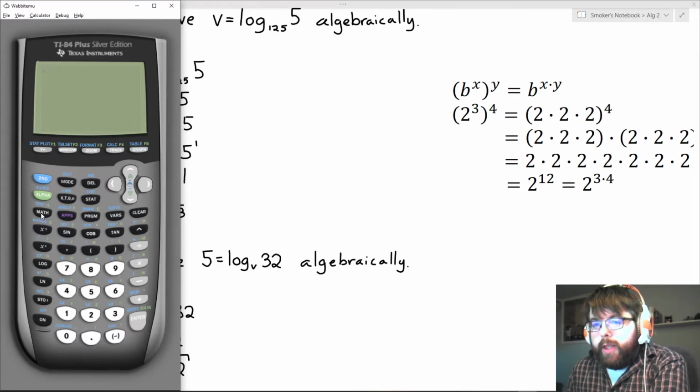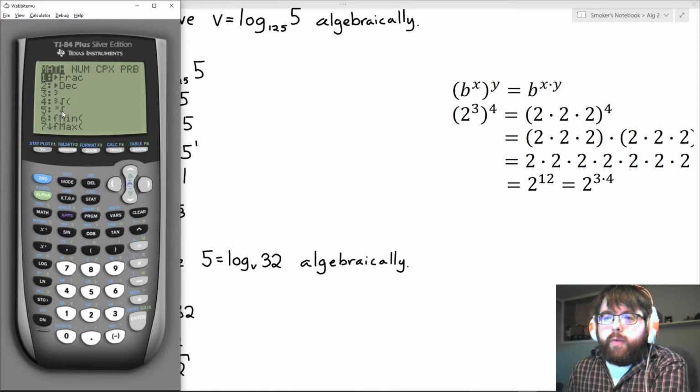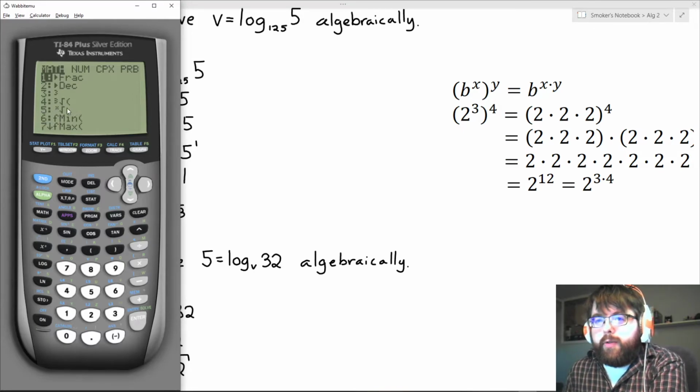What you want to do is in the math button, you have number 5, an x, and then a radical. This is what you want. With this radical, you can do any root that's not a square root. You also have a button for cube root, but anything beyond that, you need to use this fifth root button.